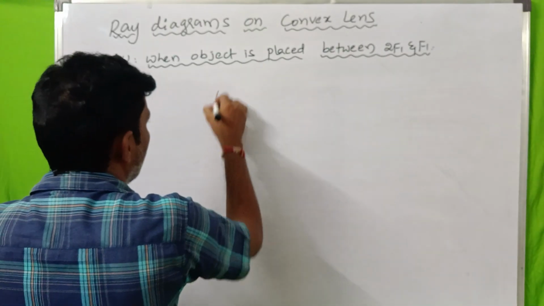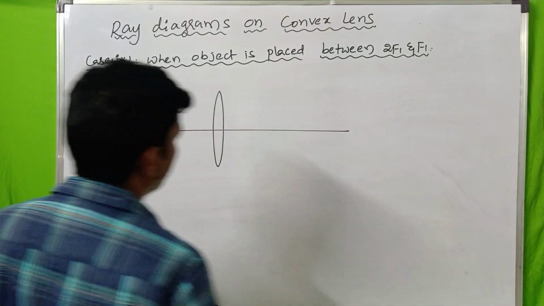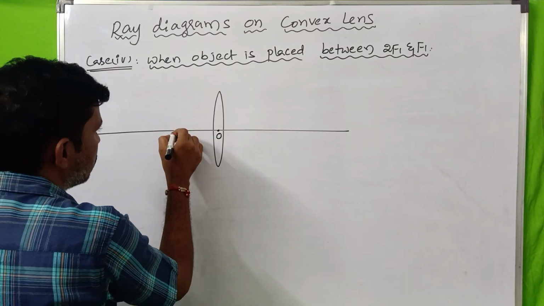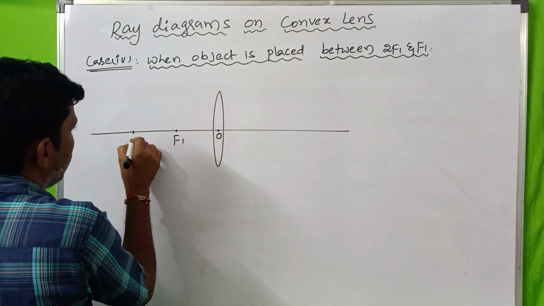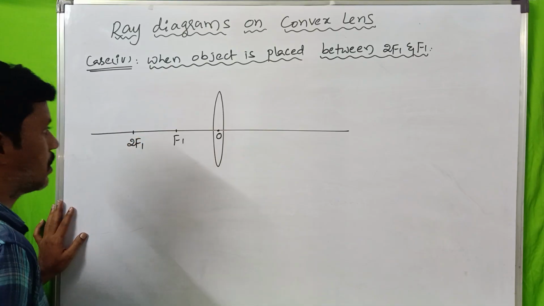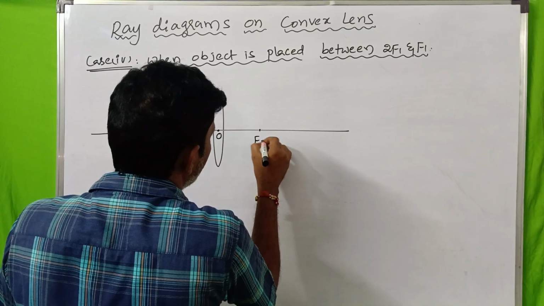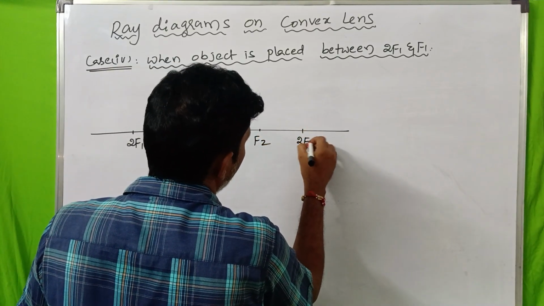Lens, principal axis, optic center, and focus point, and this is the center of curvature 2f1, and this is the second side focus point, and again the center of curvature 2f2.